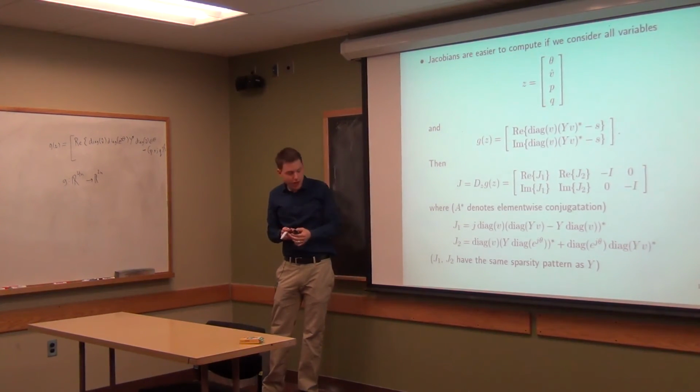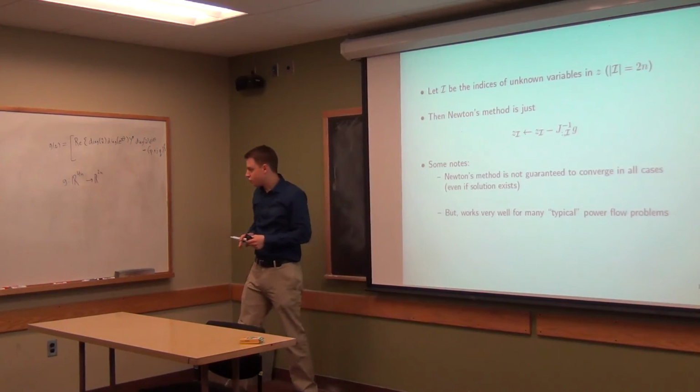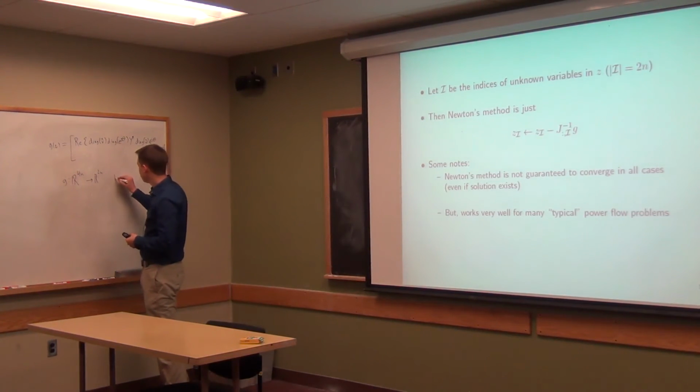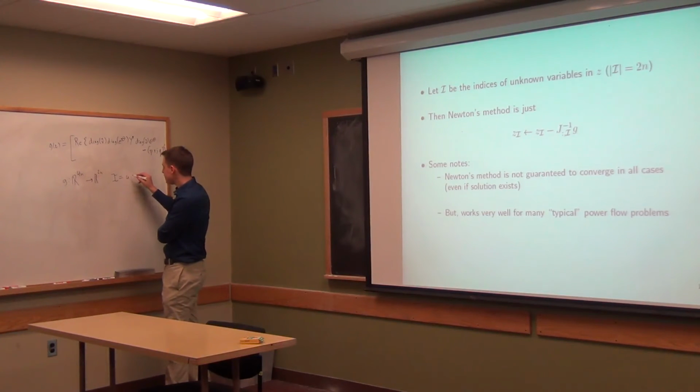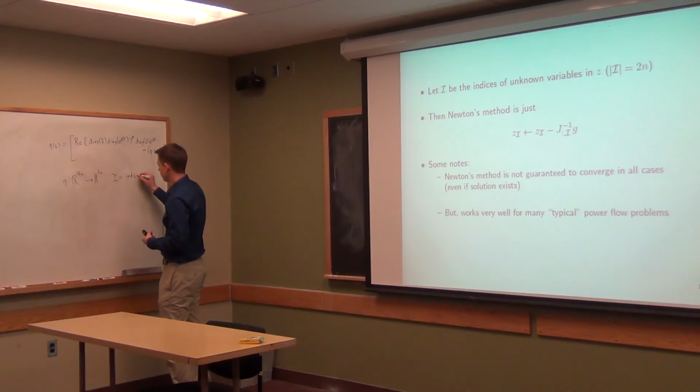But this formulation actually makes it very easy to account for that without changing much math at all. All you do is you let I, some subset here, equal the indices of the unknown entries.